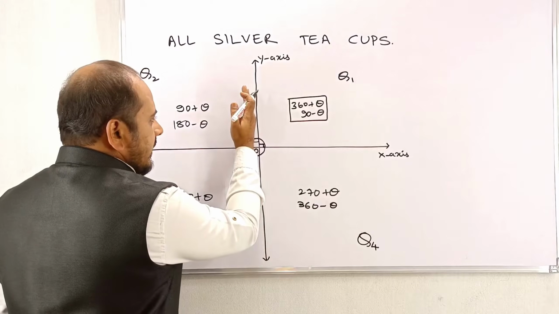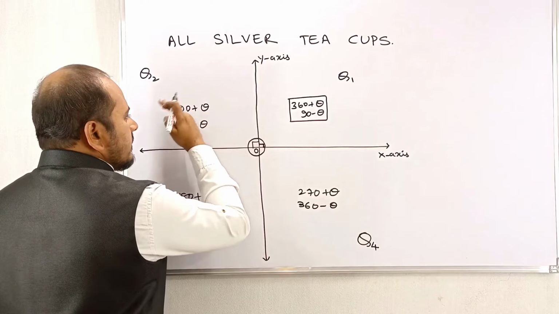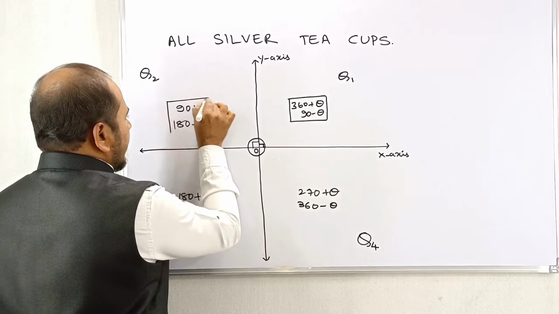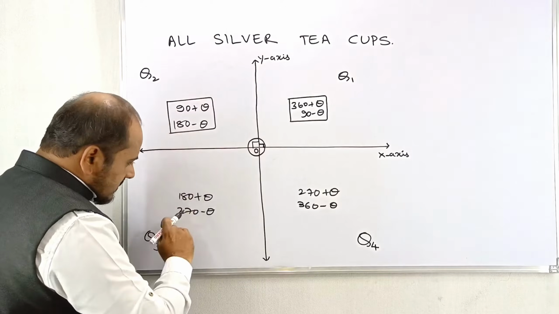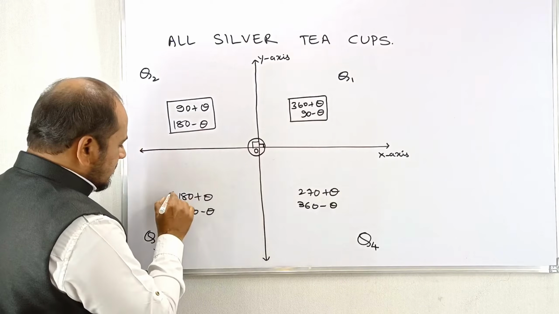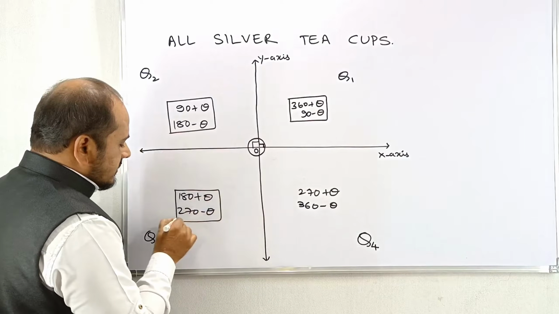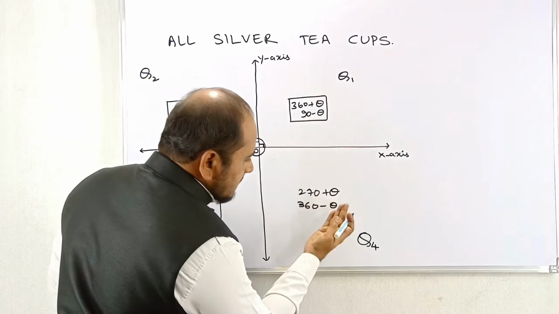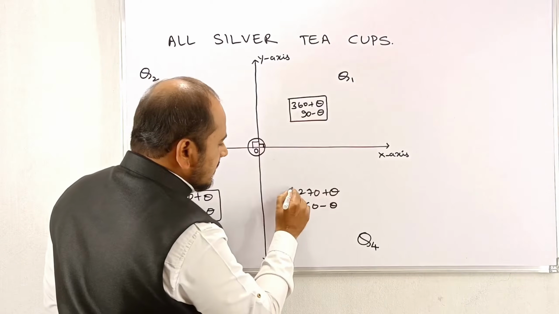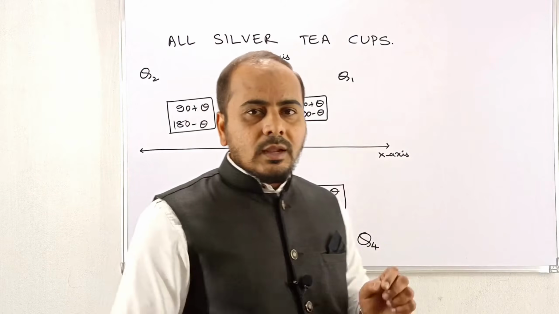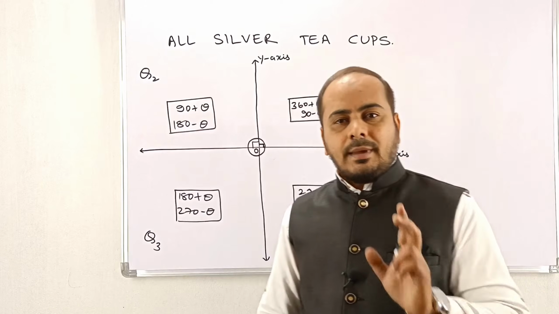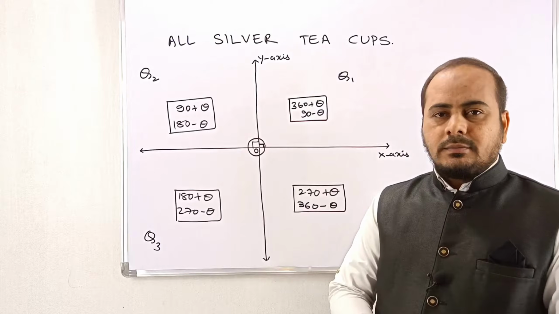And then 90 plus theta and 180 minus theta represent the second quadrant. You have to remember this. Next, 180 plus theta and 270 minus theta represent the third quadrant. And 270 plus theta and 360 minus theta show the fourth quadrant. Like this, we have taken some angles in a plane.